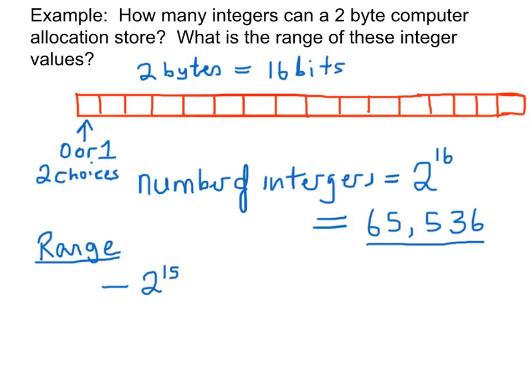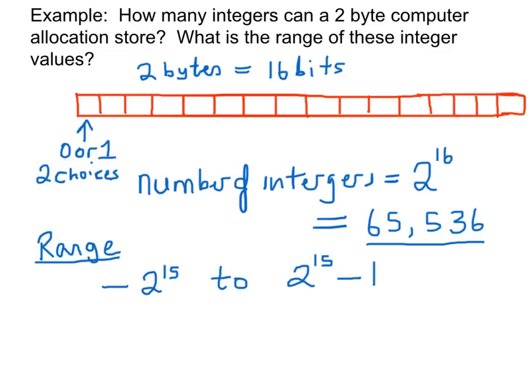That's going to be the smallest negative number that can be stored by this particular computer allocation. And it's going to go up to, right, the largest number, which is 2 to the power of 15. Now we're going to have to subtract 1 from this, because we have to take into consideration that 0 also has to be represented. So the subtract 1 will make it 1 less a positive 1, because we have to take into consideration 0.